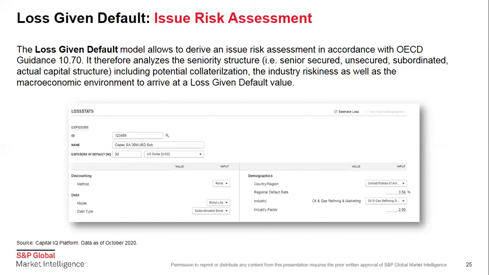So here we can see that S&P not only has a loss given default model, which allows us to derive the individual risk assessment, but we also have a recovery model.